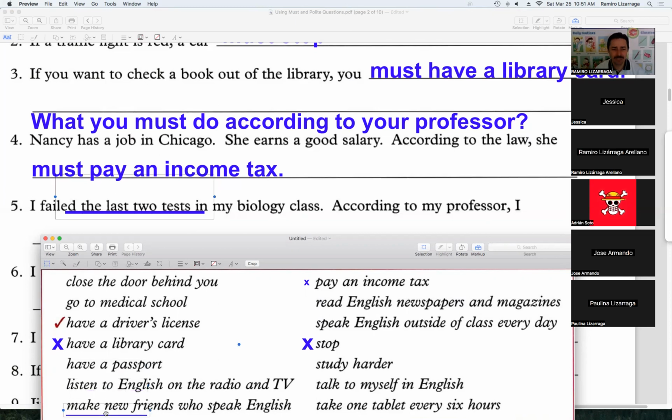No. We must make new friends? No. We must read English newspapers and magazines? No, I don't think so. What do you think? We must speak English outside the class every day? We must study harder? We must talk to myself in English? We must take one tablet every 6 hours? What we must do, or what I must do, according to our professor.